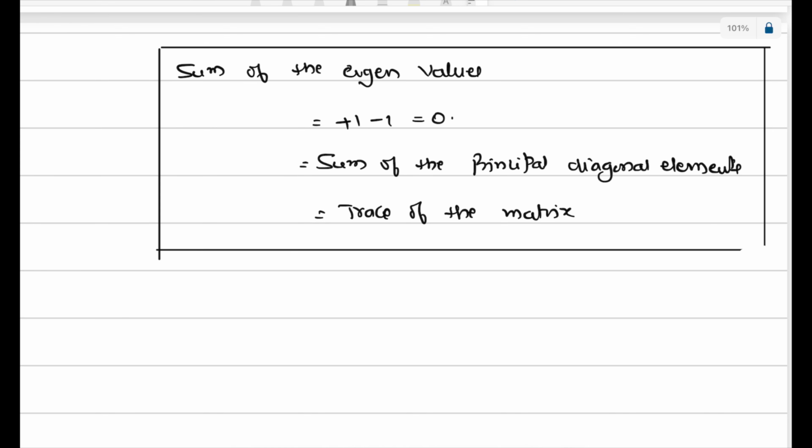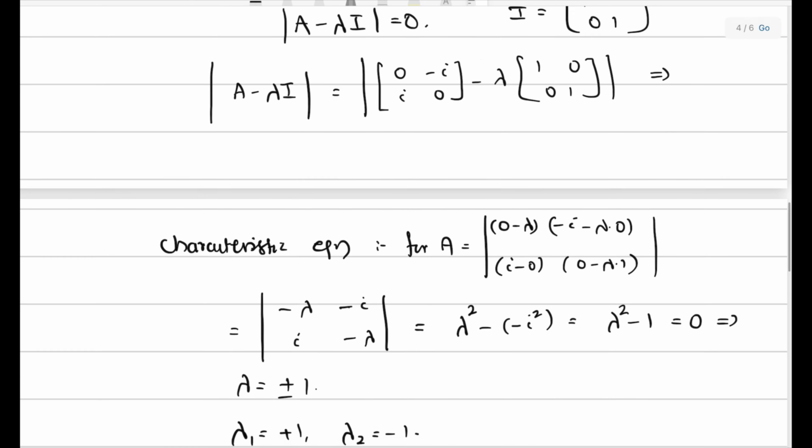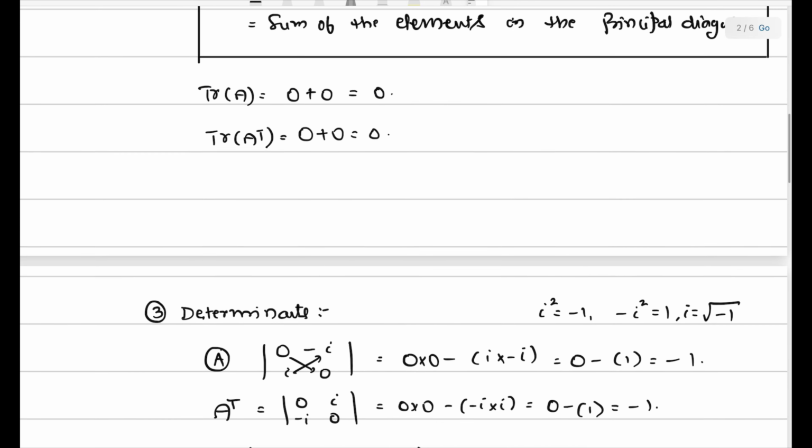Now, what we have got? The trace of the matrix is 0. These matrices are called traceless matrices. We have defined all these.